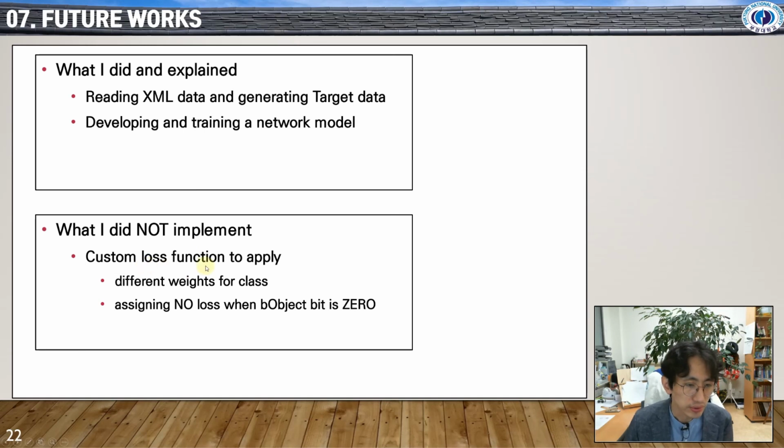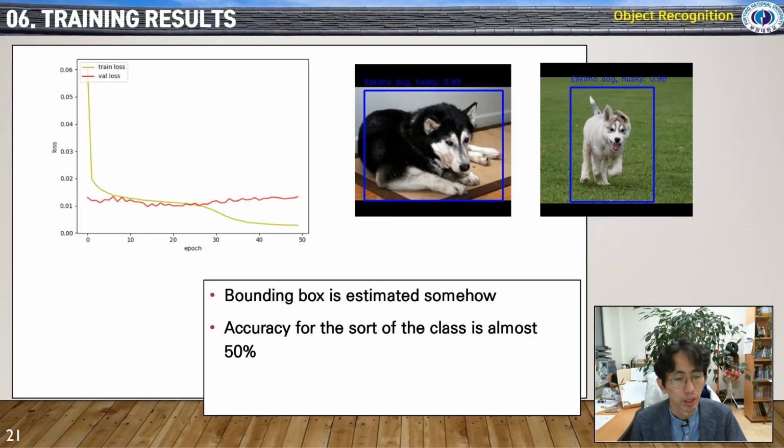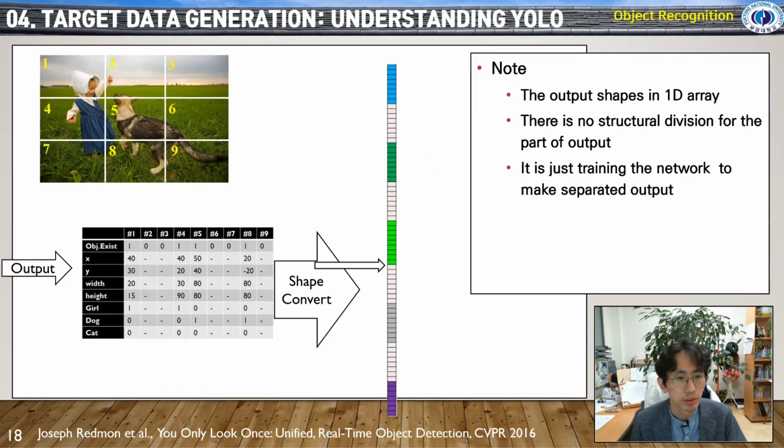The custom loss function should be different for the outputs, so different weights should be applied. For example, x and y coordinates and width and height should have different weights.